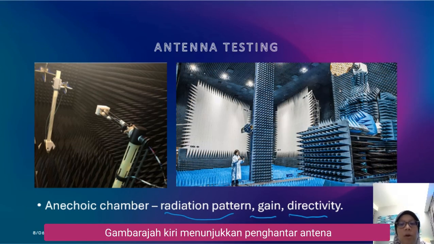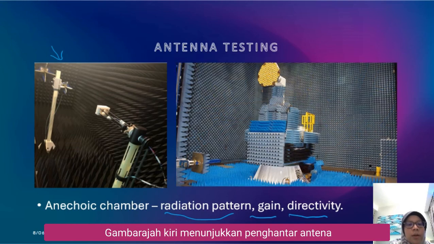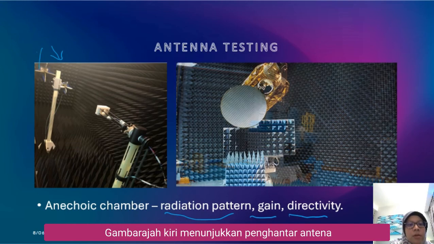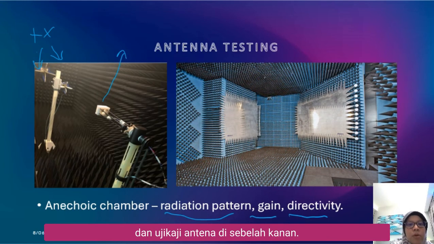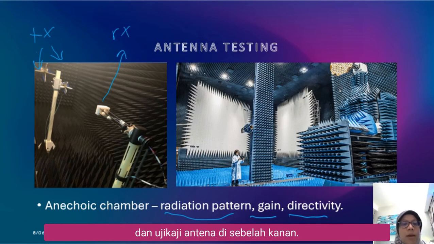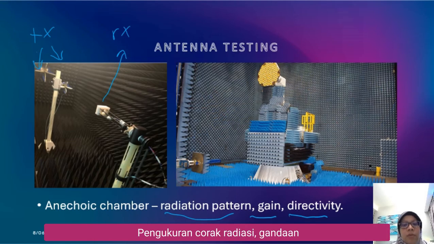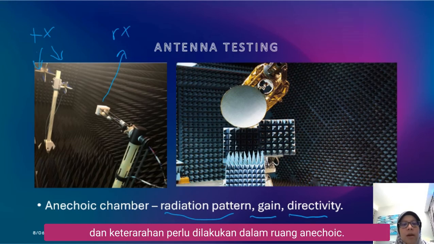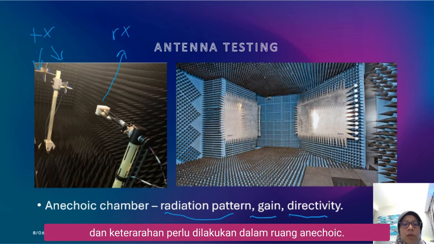So the figure on the left hand side shows a transmitter, okay, and the receiver will be your antenna design, or antenna under test. So the measurement for radiation pattern, gain, and directivity needs to be performed using an anechoic chamber.